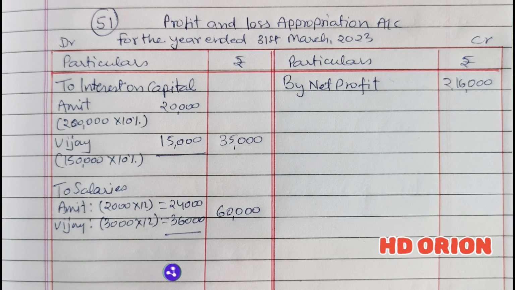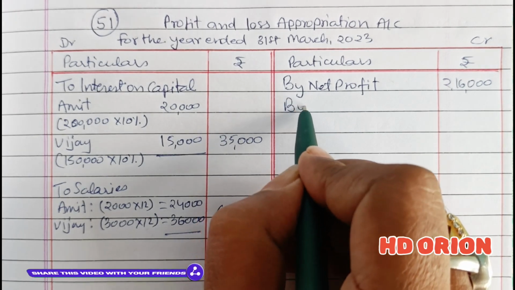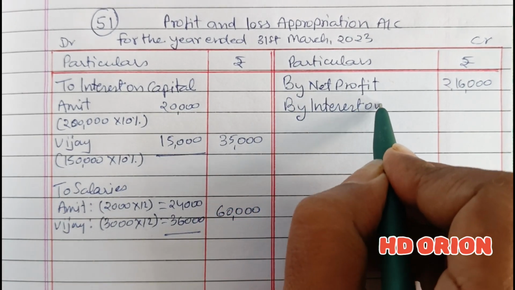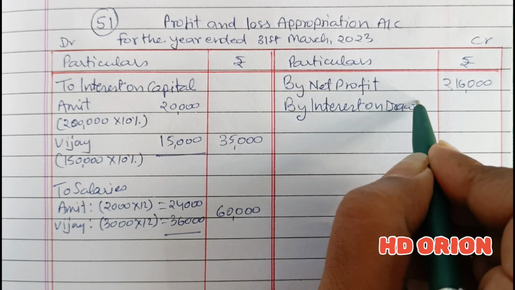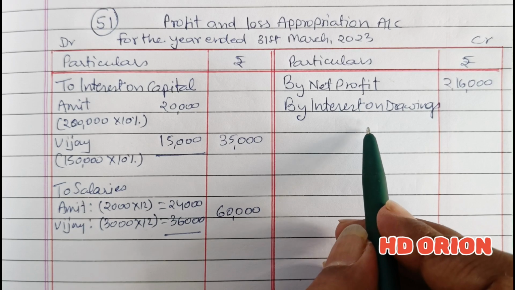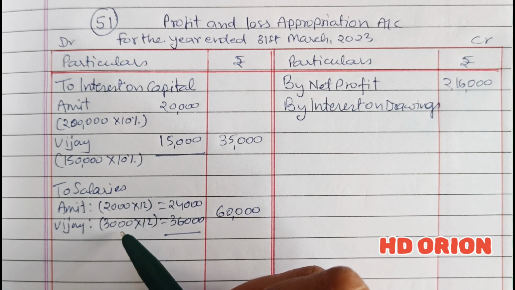Now there is interest on drawings to be collected from the partners by the firm. It will be shown on the credit side by interest on drawings. So this the firm has to receive from the partners. These are the things which the firm has to pay to the partners.